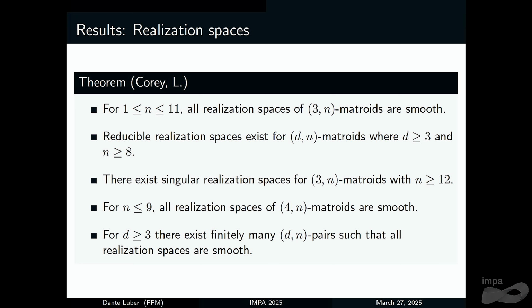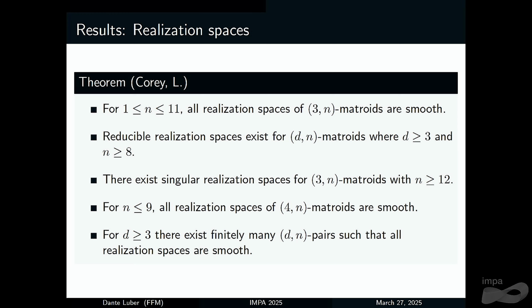That actually has the same singularity types as the thing you started with. So with those operations and matroid duality and stuff like that, we were able to construct matroids on bigger ground sets and higher rank. And so this last result just says that for d greater than or equal to 3, there are only finitely many (d,n) pairs such that all realization spaces are smooth, just by jumping around using those operations. Okay.